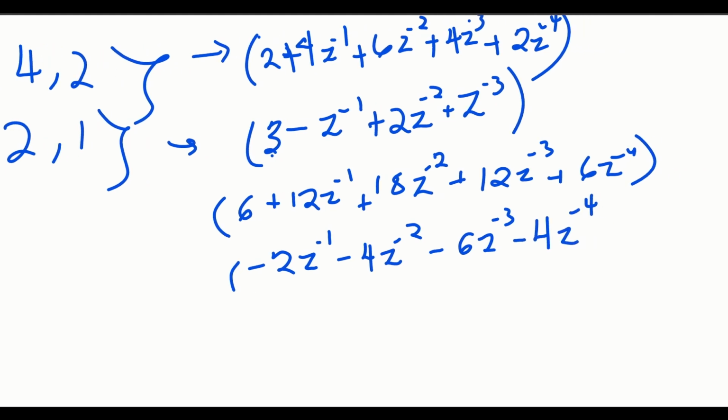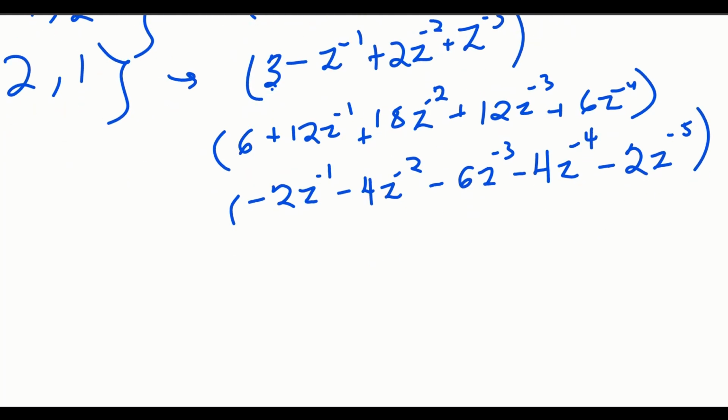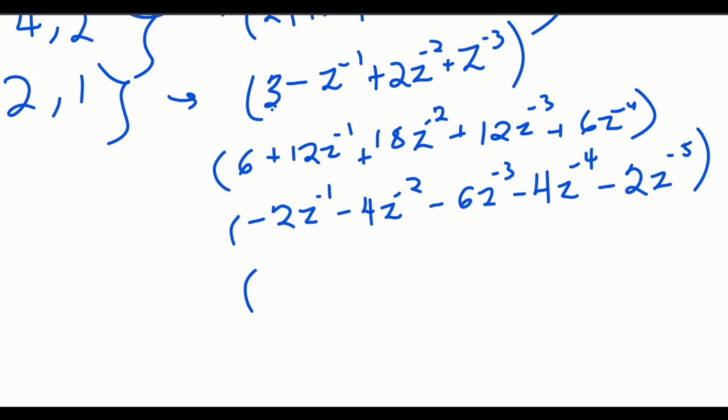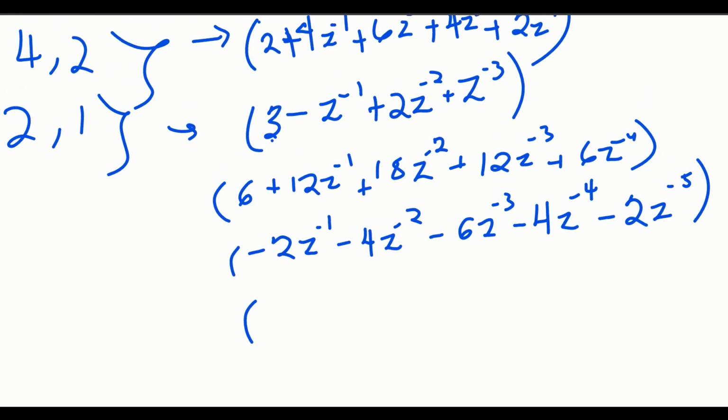Then minus z^-1 times 2z^-4 gives me minus 2z^-5. Oh, this is tedious. Then you come to the next one. You go through the same procedure.